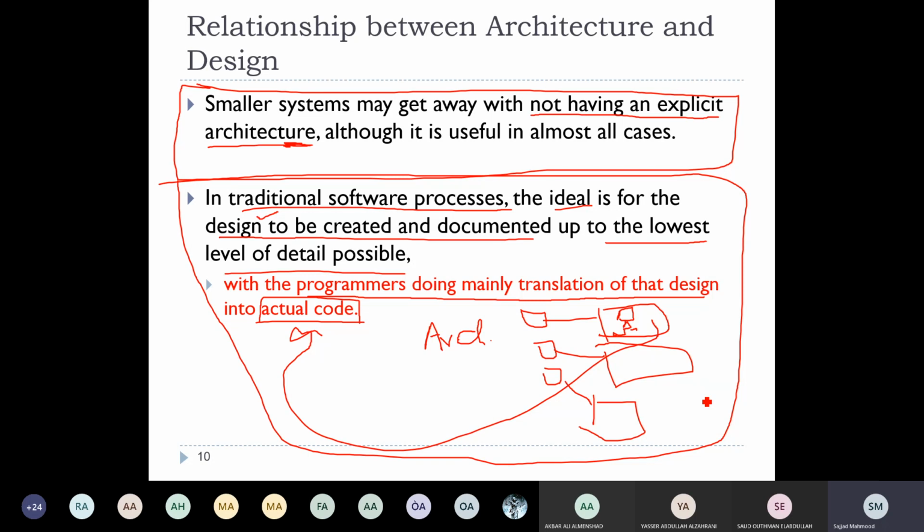Now, they don't come up with very large software design documents in which they go to the nth degree of sequence diagrams and talk about what each object will do and so on. But they still have design, and that design is actually done in a reverse way, where basically they do the coding first, right?